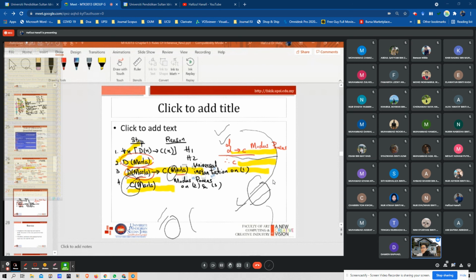Universal instantiation is equal to universal elimination.